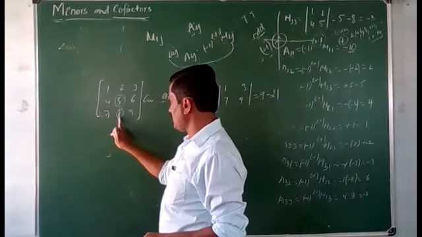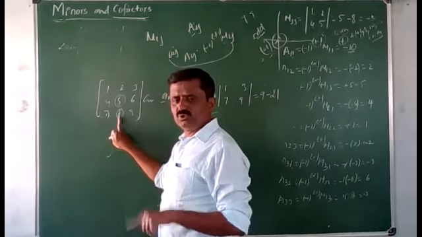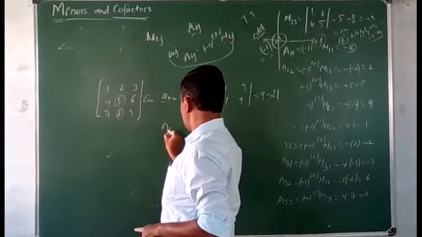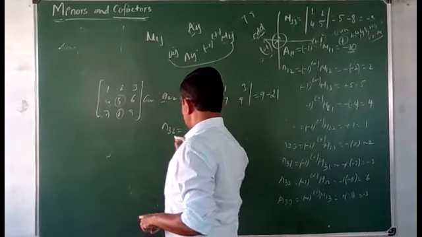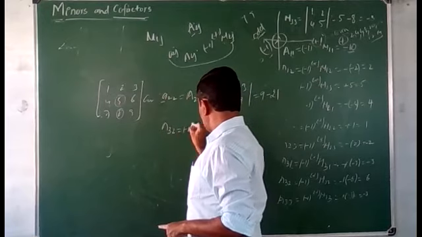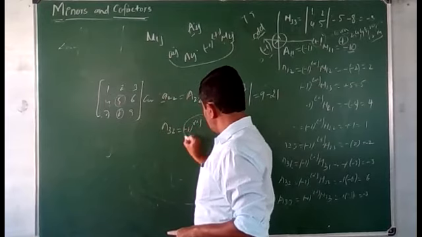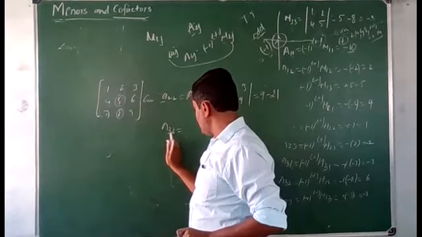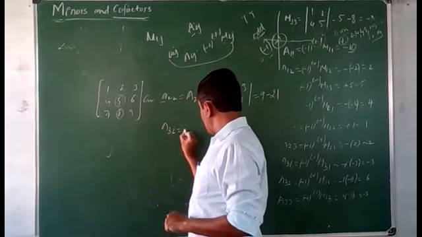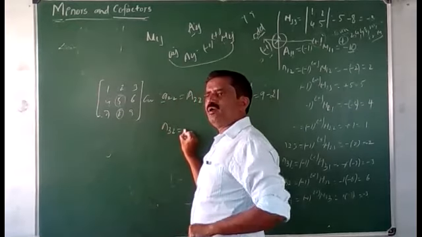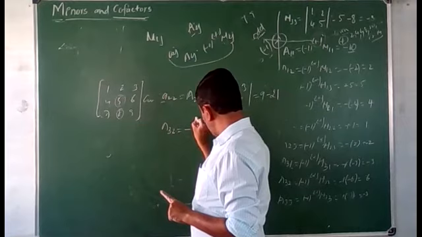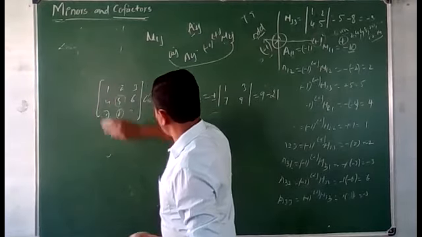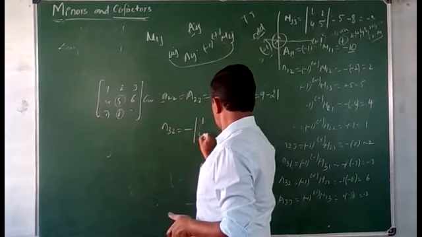For example, what is the cofactor of this element? The element is a32. The cofactor A32 equals minus 1 whole to the power of i plus j. Instead of writing it fully, just add the subscripts: 3 plus 2 is 5, an odd number, so take minus into the determinant of, leaving this column and row, 1 3 4 6.